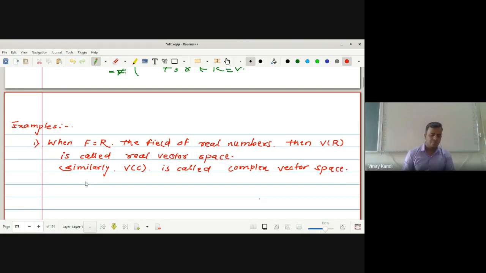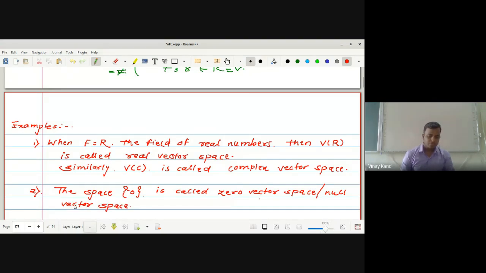Now example number 2. The space singleton 0, the set containing only one element, that is 0, is called the zero vector space, or we can say the null vector space or null space.